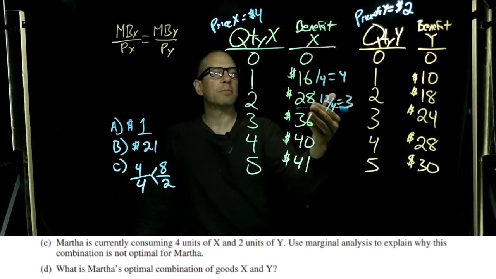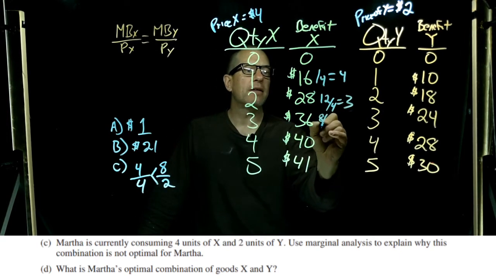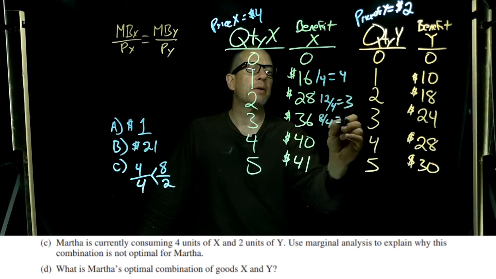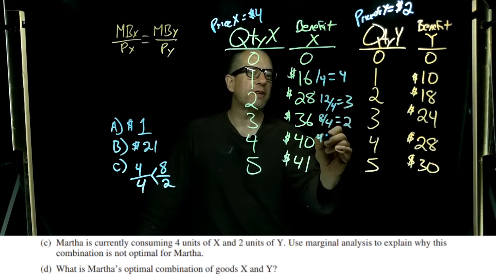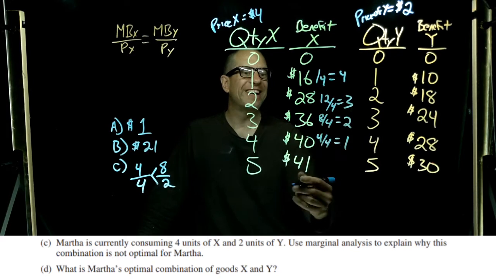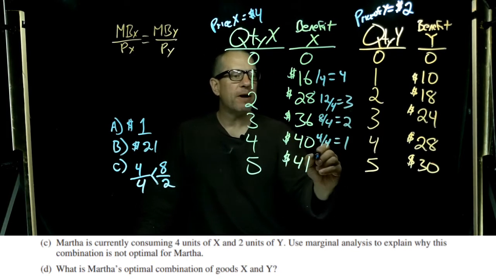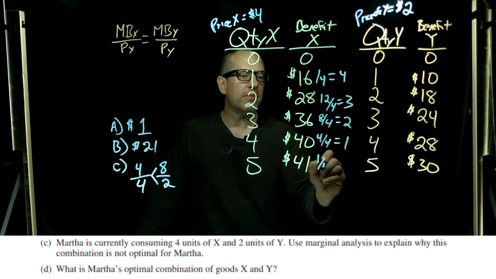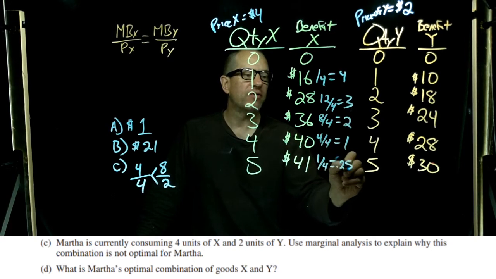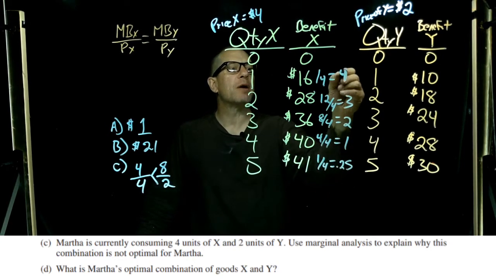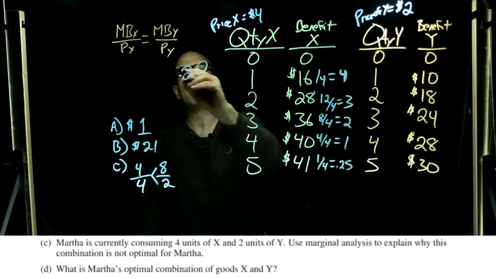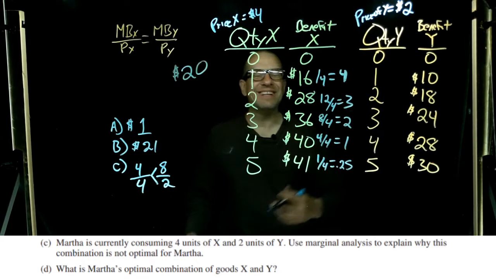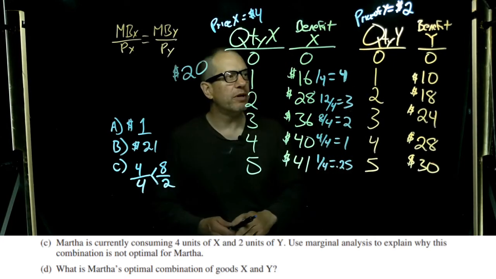The next additional amount of benefit would be 8, divided by 4, that's the dollar amount, would be 2. Next one would be 4, marginal benefit, divided by the dollar amount would be 1. And the next amount of benefit would be 1, divided by 4, gives us 0.25. So these are the numbers that we would use to determine the amount of money we have. We have $20 worth of budget here to figure out what the optimal combination of this would be.